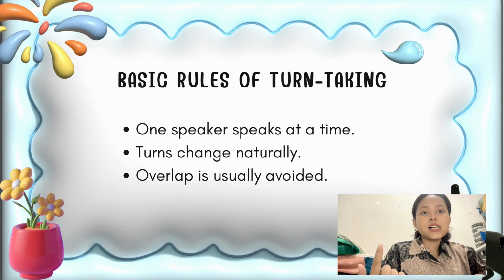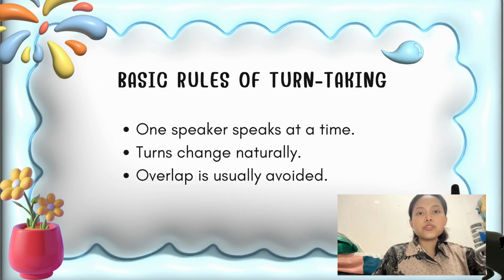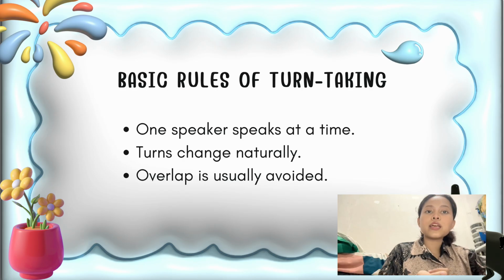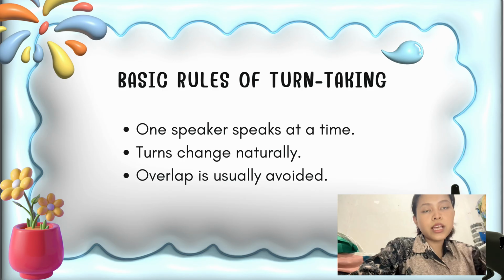Next, there are some basic rules of turn-taking. Usually, only one speaker speaks at a time. Turns change naturally without clear rules, and overlap, or speaking at the same time, is usually avoided. These rules help conversation stay clear and polite.